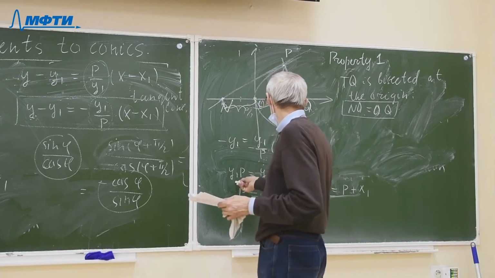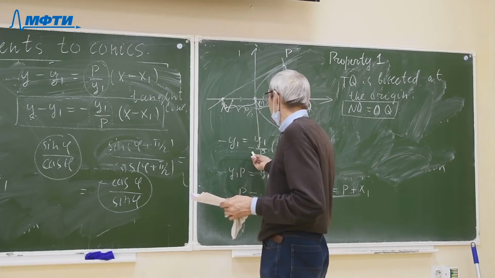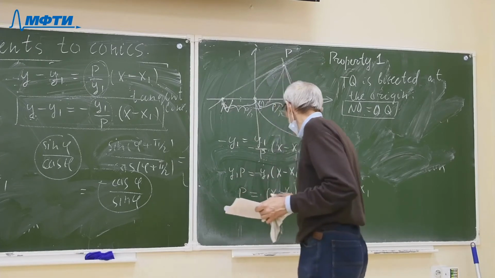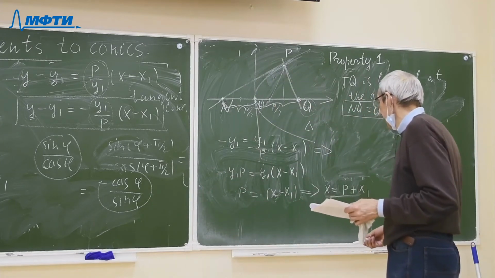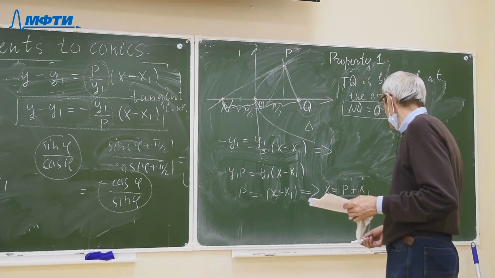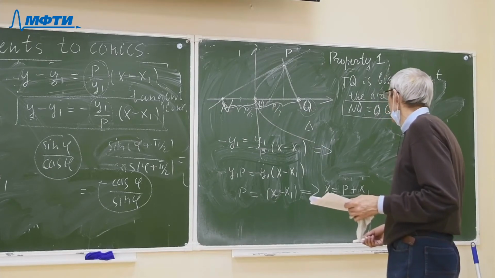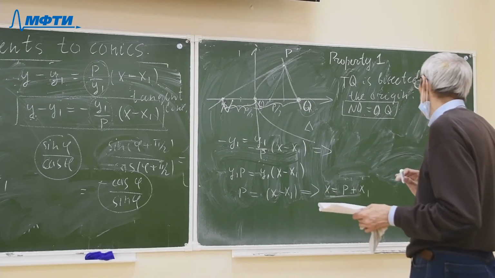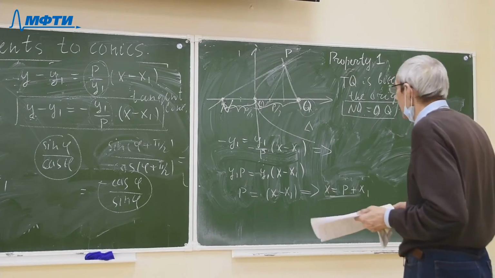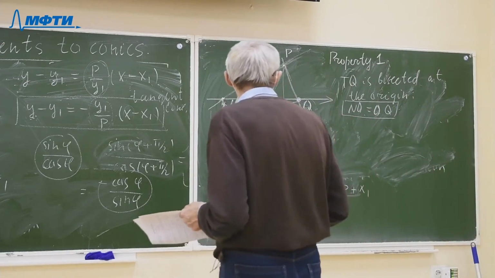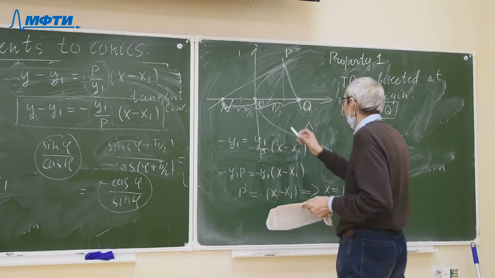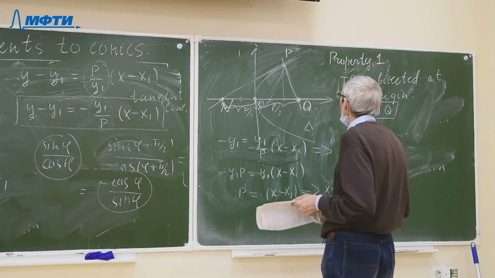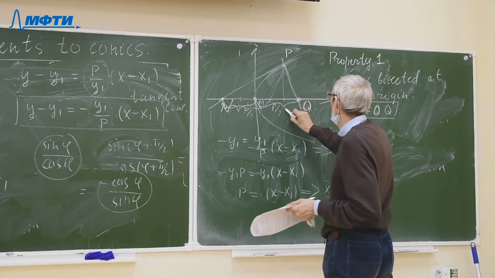Minus p plus x1, maybe. Okay. This distance is equal to p plus x1.